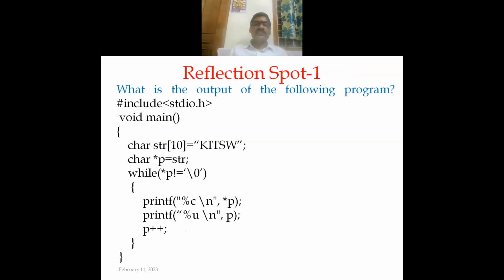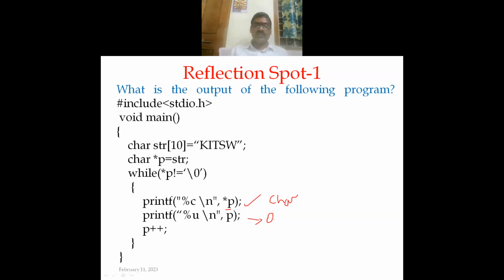Now this is a reflection spot. Please try to find the output of the following program. Any idea? What is it going to print? It is going to print star p, that is, the character present at this location. And if you give just p, it is going to print the address value.